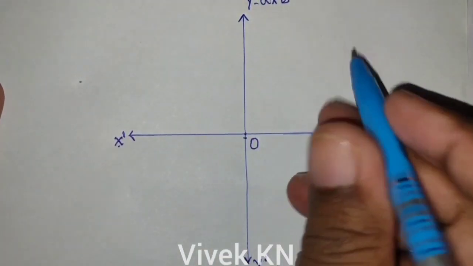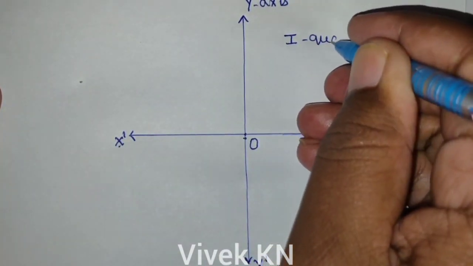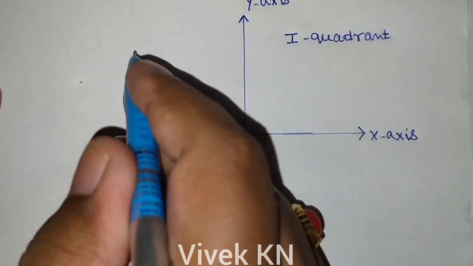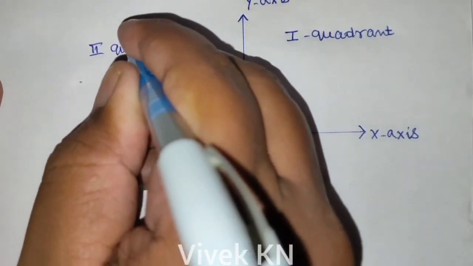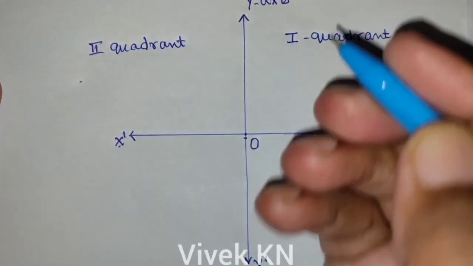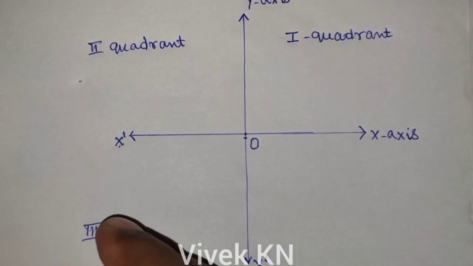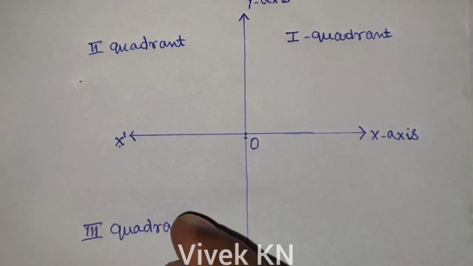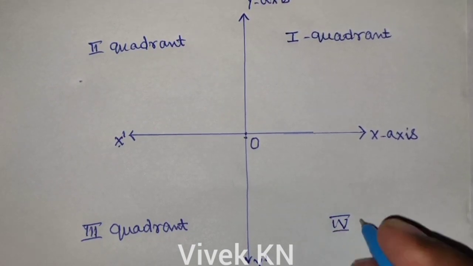This is the first part, that is the first quadrant. This is the second part and it is called the second quadrant. This is the third part, called the third quadrant. And the last one, the fourth part, is called the fourth quadrant.